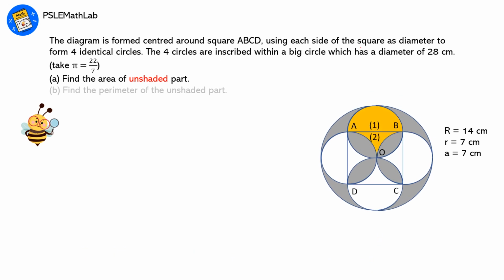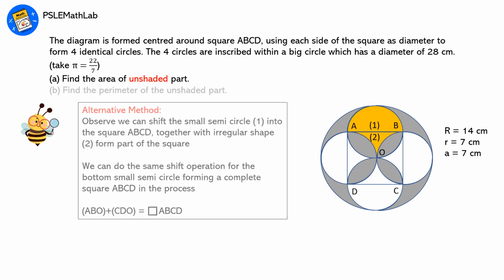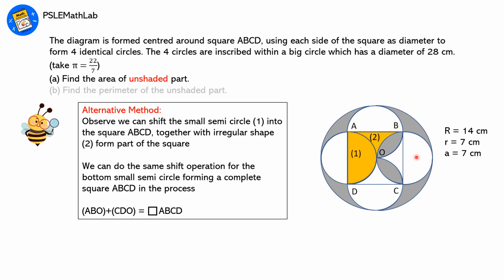Before we jump into question B, let's explore an alternative and much more clever method to solve question A. Notice that we can shift the small semicircle, part 1, into the square ABCD, together with the irregular shape, part 2, to form part of the square. We can then do the same shift operation for the bottom semicircle, forming a complete square ABCD in the process.